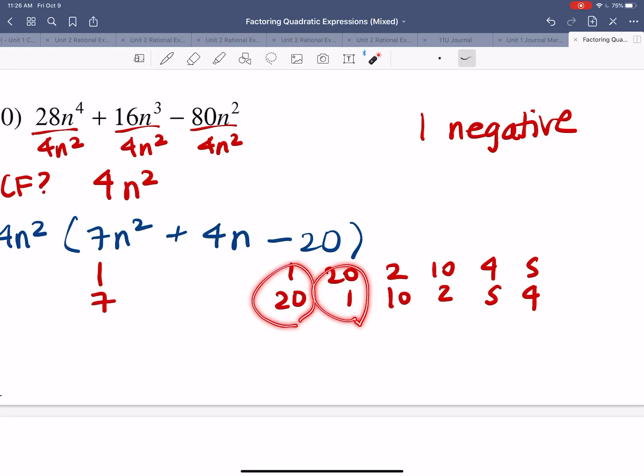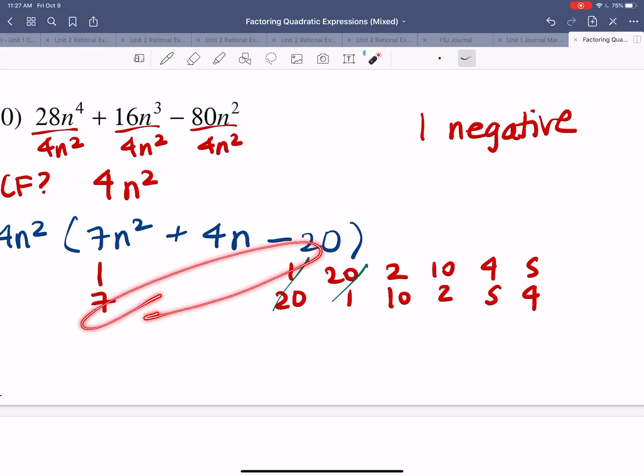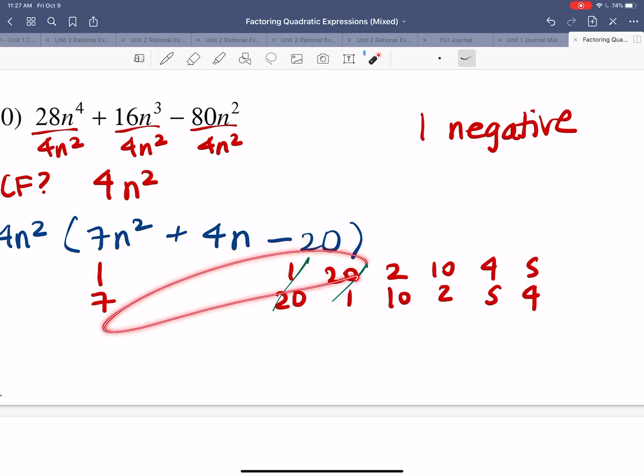Probably not these, because that's going to be a 20 and something, but I'm getting a really small number. So, kind of a process of elimination, that probably won't work, because 7 times 1 is 7, 20 times 1 is 20. I can't add or subtract to get 4. Same idea for these ones. 7 times 20, that's 140. That's way overhead. So let's go to the second part.